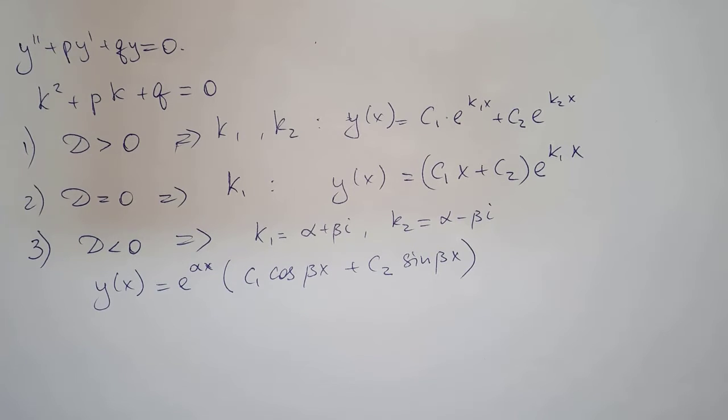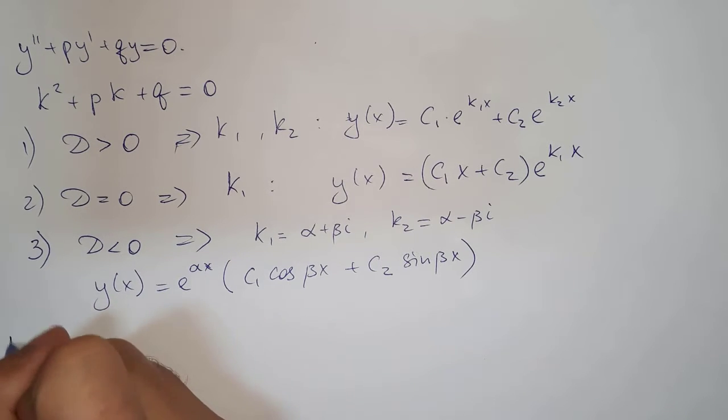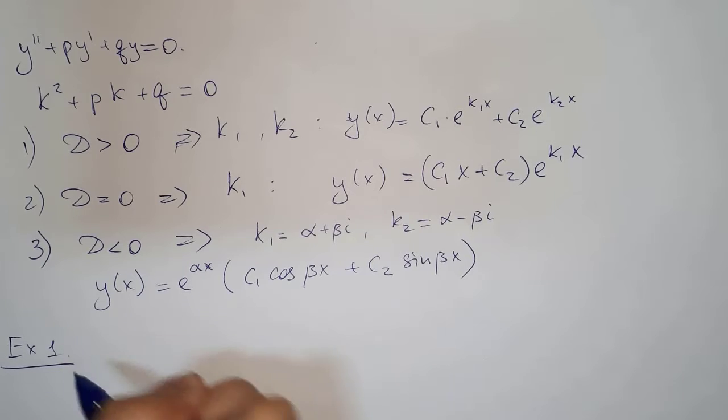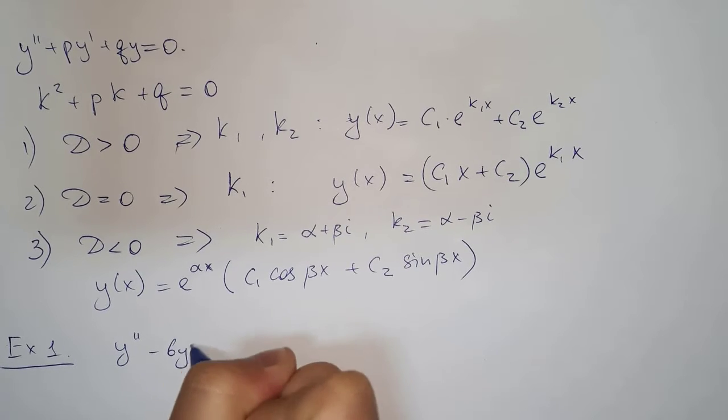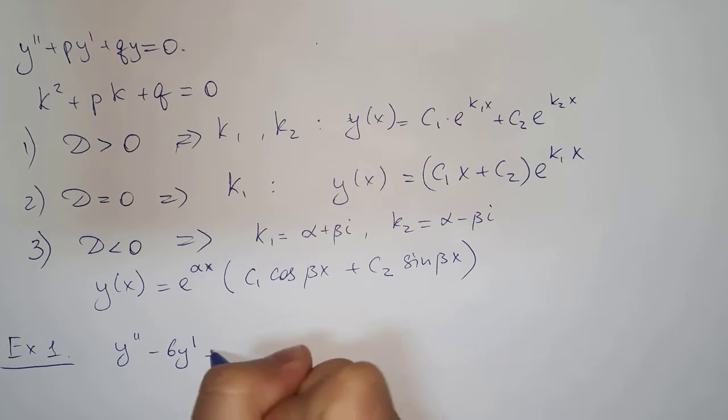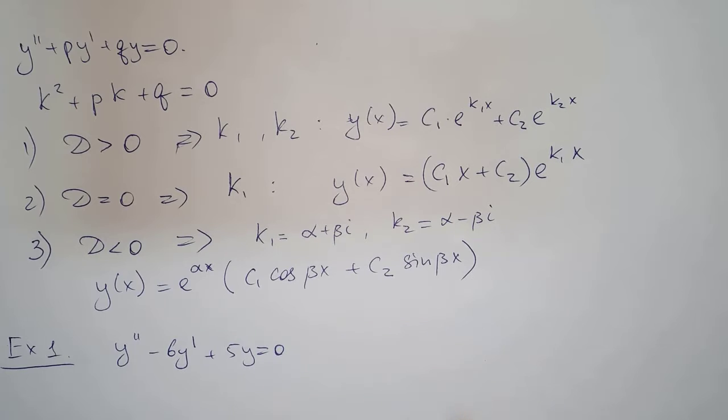So we have these 3 types of second order linear homogeneous differential equation with constant coefficients. So let's consider the first example. Example number 1. Solve the differential equation y double prime minus 6y prime plus 5y is 0.